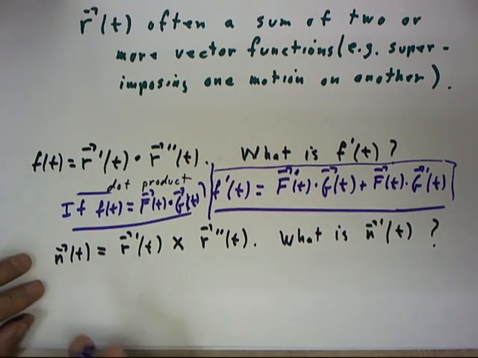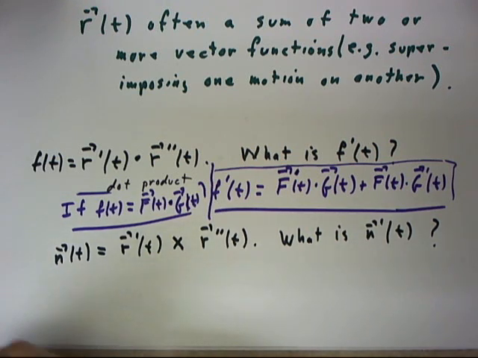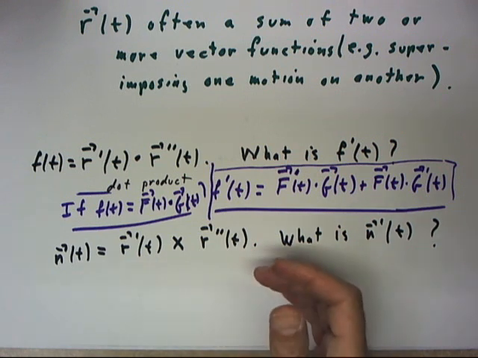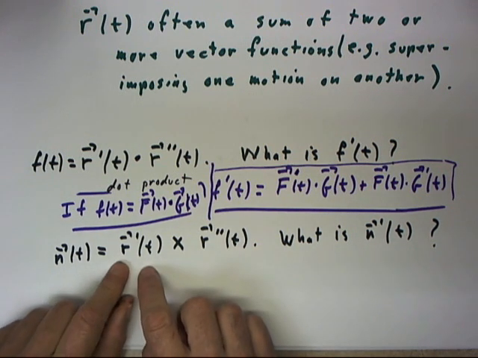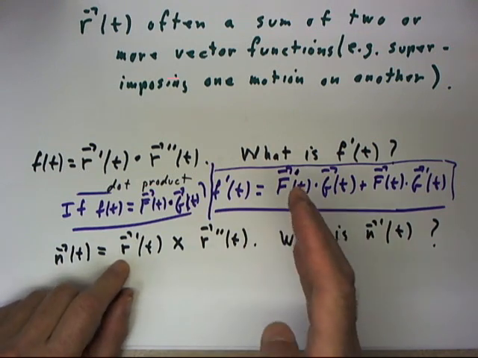Another one, we got n of t equals r prime of t cross r double prime of t. For the example we just saw, r prime of t represents the velocity, r double prime the acceleration of something.